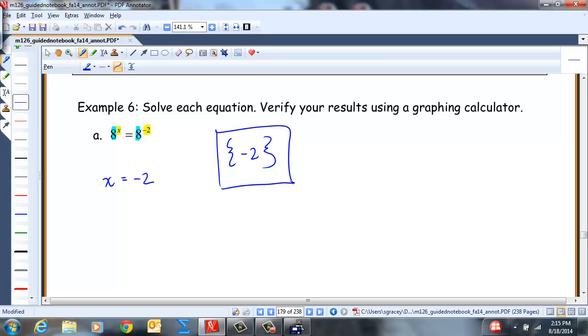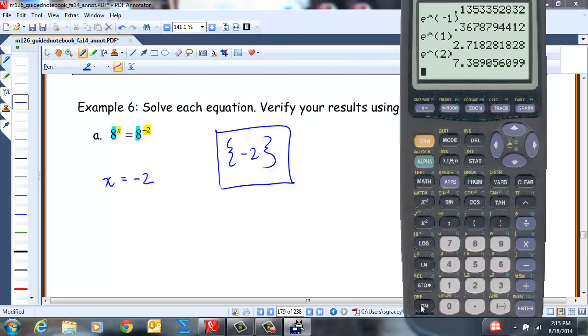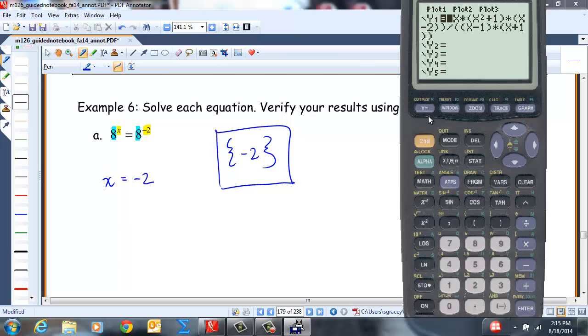Okay, so here we go. The way you can verify your result using the graphing calculator is, if you go to your y equals menu, we can graph 8 raised to the x, and then we can graph 8 raised to the parenthesis -2.